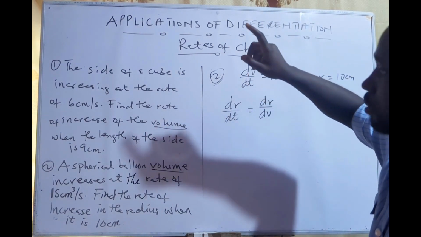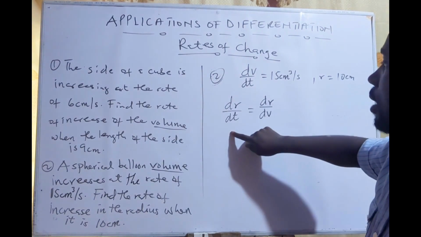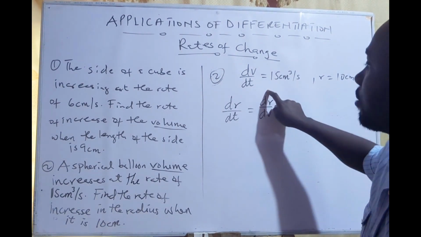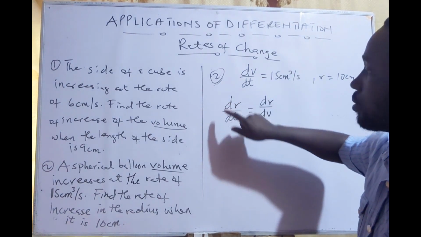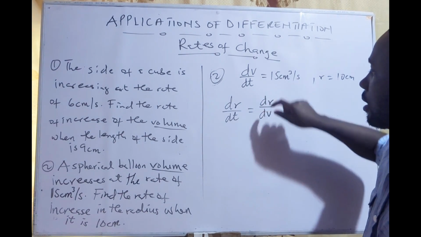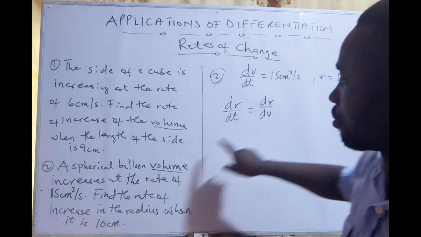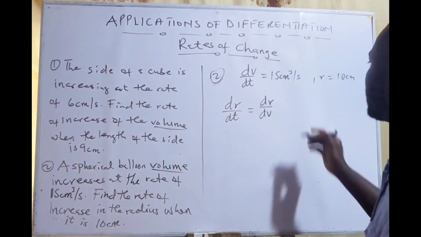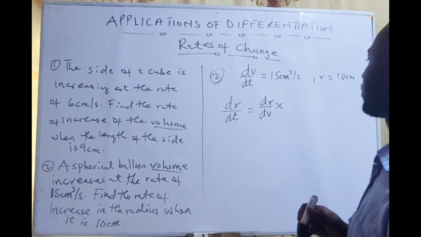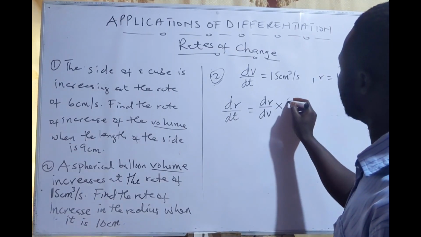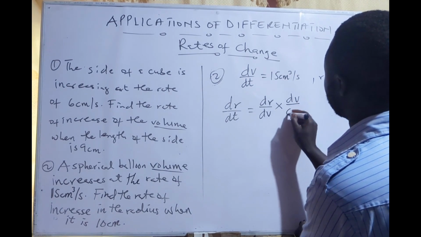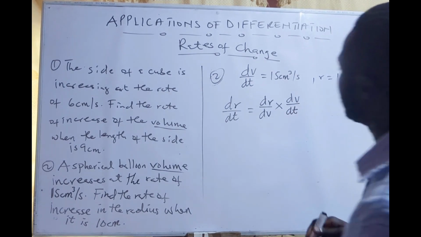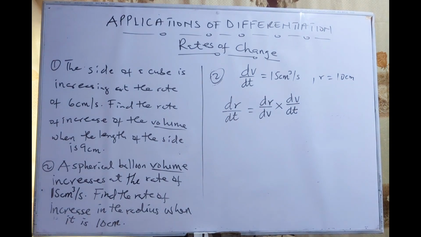First one, it was the volume with respect to time, so the volume was the numerator. But here it is the radius with respect to time, so the radius should be the numerator, with respect to the volume, then times the volume with respect to time. So it is simple.